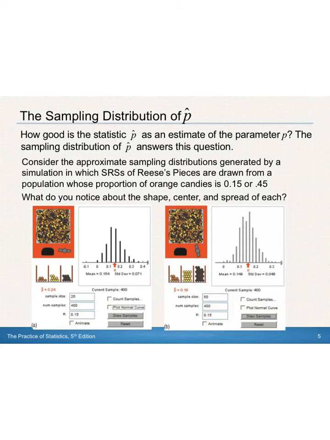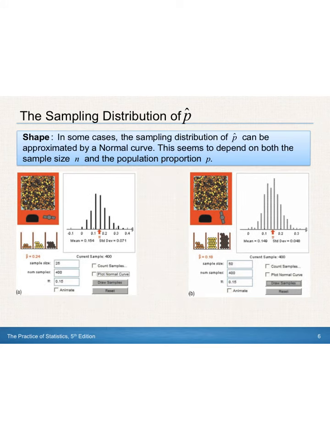When you were looking at the Reese's Pieces simulation, you were asked to come up with some information. How does the shape change, the center change, the spread change when we change the sample size or the initial parameter p, or the population size as well? So let's look at that. The shape of the sampling distribution of p hat approximates a normal curve.